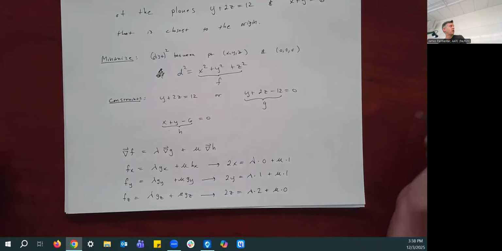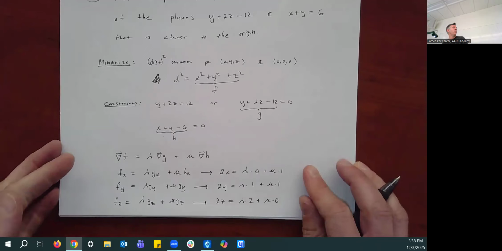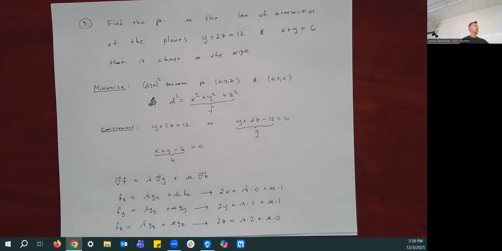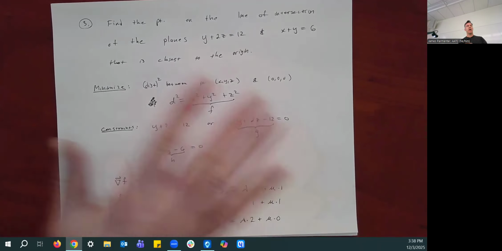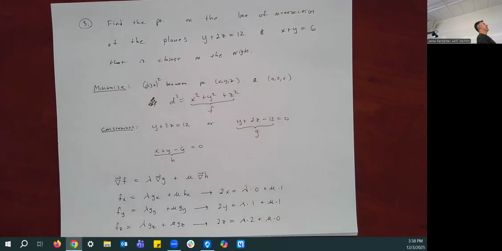Okay, so just thinking about this logically, we should have enough information at this point. How many variables do we have? How many variables in this system of equations? Even though I've said that lambda and mu are constants or scalars, we're thinking of them as variables we're going to solve for.